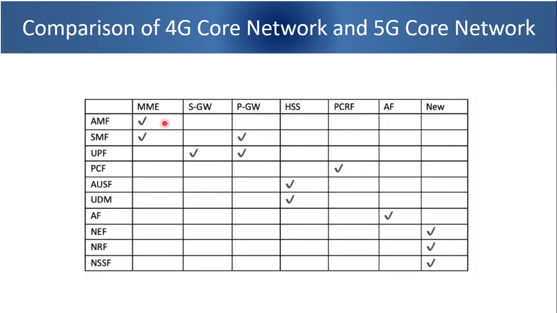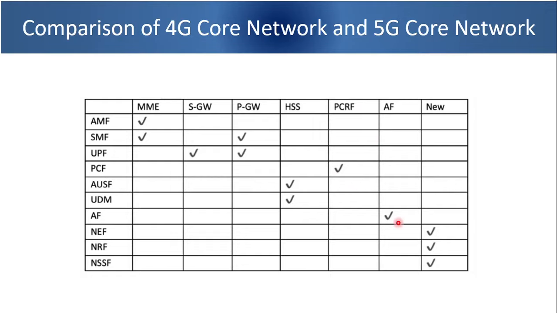As I explained, MME is split into AMF and SMF, but SMF will also take some control part of the function of PDN gateway. UPF is nothing but the user plane part of serving gateway and PDN gateway in 4G, and PCF in 5G is equivalent to PCRF in 4G.